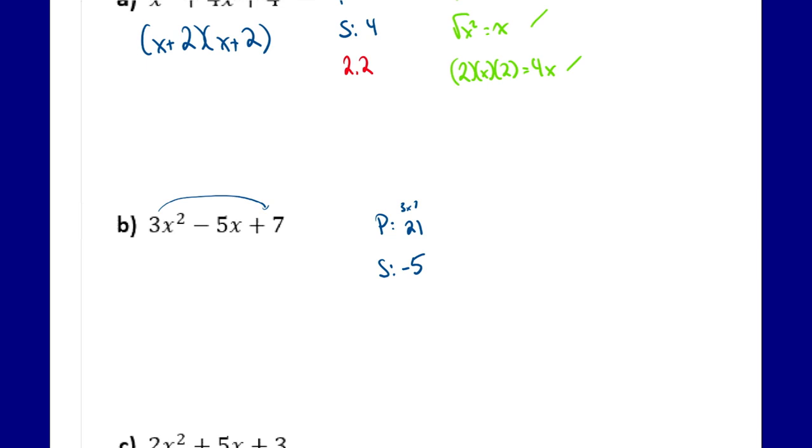If we go through our checklist or look at our multiplication table, we should find there's 1 and 21, which doesn't work. There is 3 and 7, which gets us to 4, but not 5. And there's no other nice factors of 21.